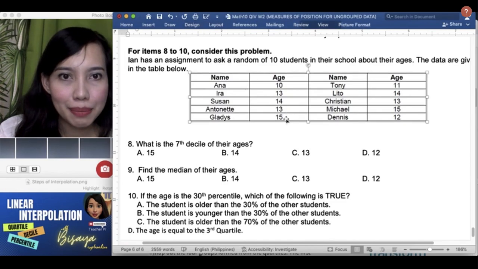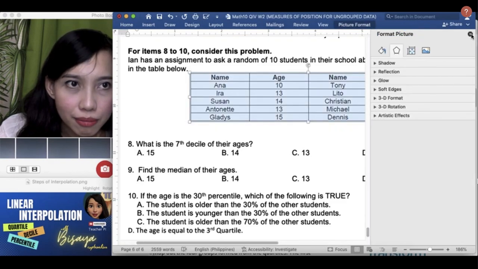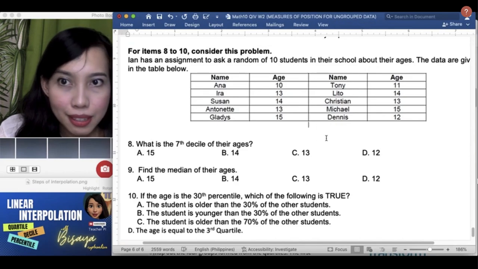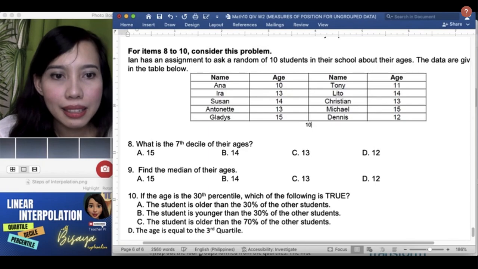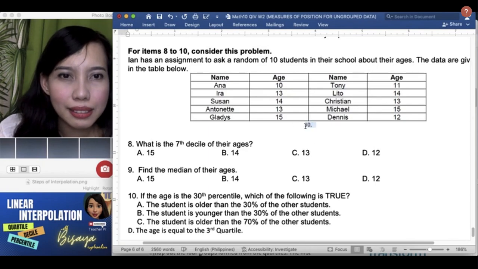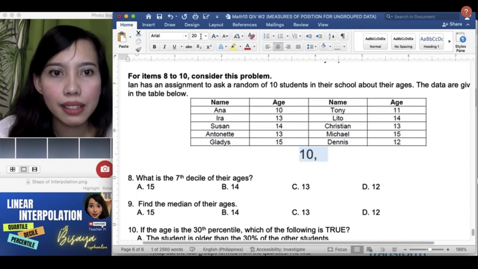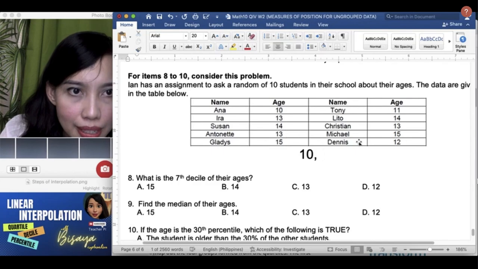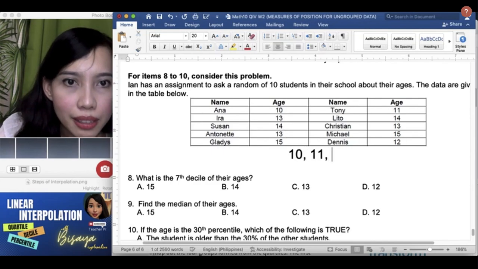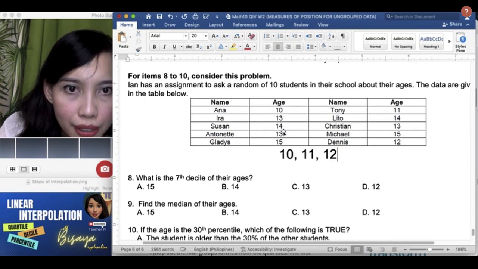Okay, let's begin. Oh, is this a picture? Yeah, unfortunately, this is a picture. We have 10. How many 10s do I have here? Only one. 11. How many 11s? Only one. 12.